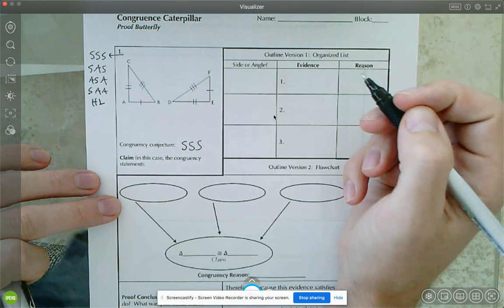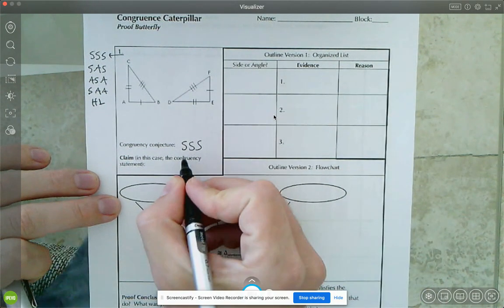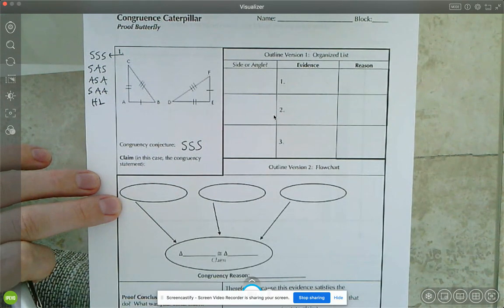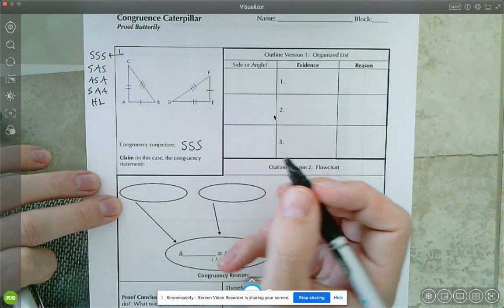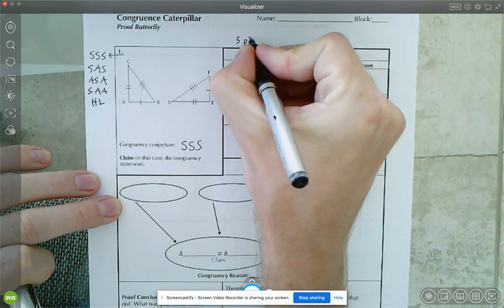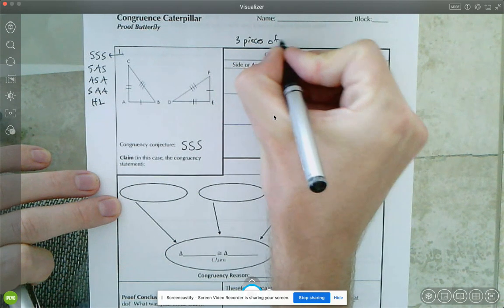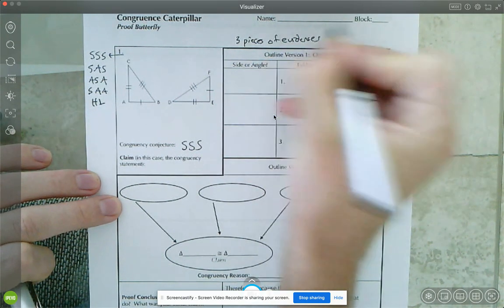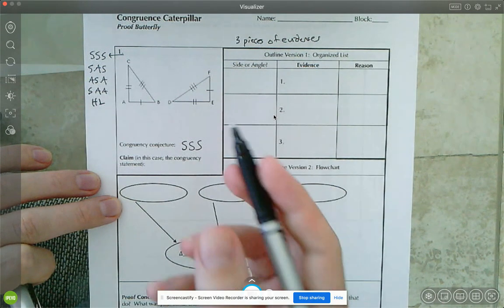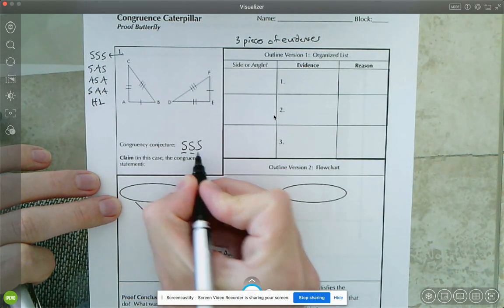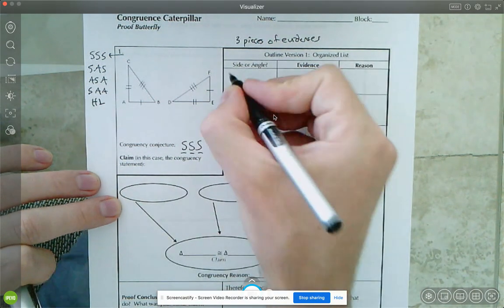For the organized list, we realized that to prove two triangles are congruent using side-side-side, we have three pieces of evidence. It might be easy for you to see, it might not, but the three pieces of evidence are our three sides.